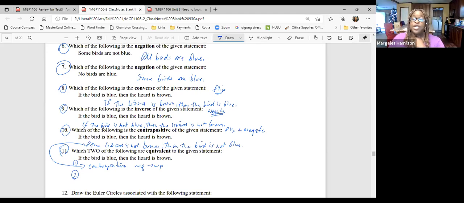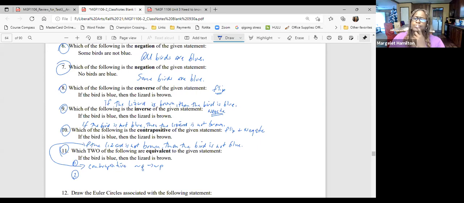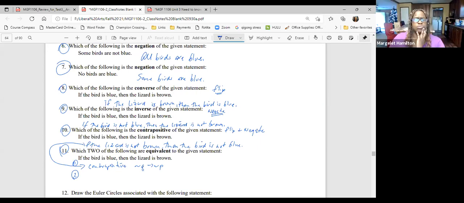We're looking for the equivalent of the conditional statement. It would be P to Q equals not Q to, or if-then not P. No. Look on the need-to-know sheet that we went over at the beginning. At the bottom, it tells you what's equivalent.